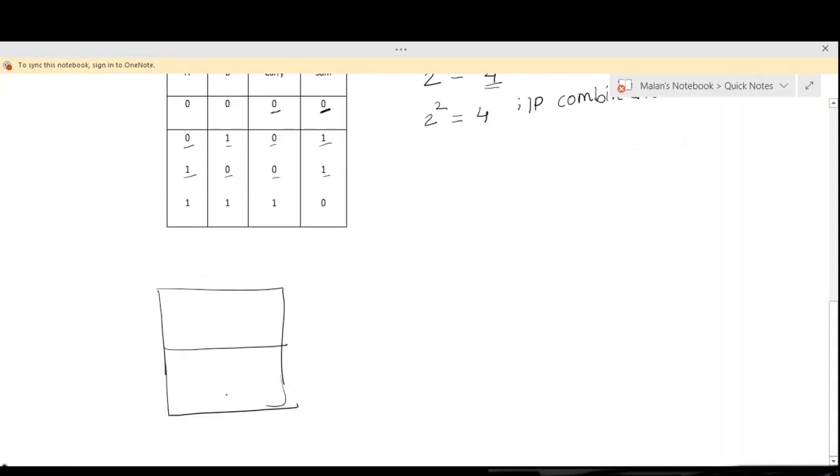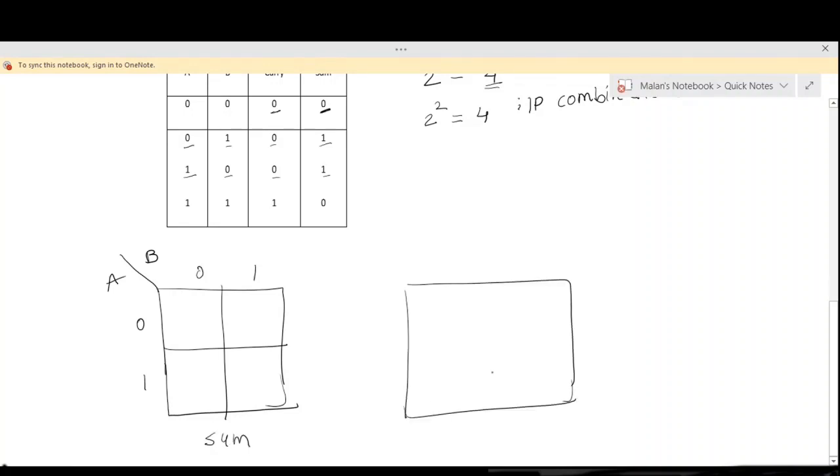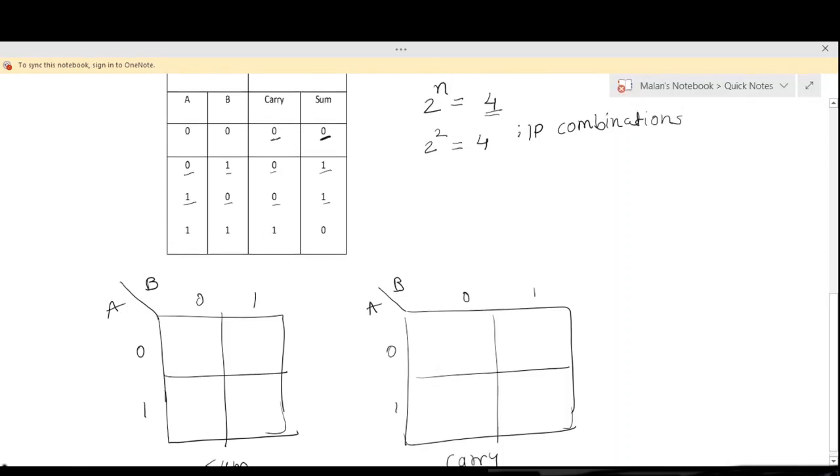This is variable A, this is variable B input. The values are 0 and 1. This K-map is for the sum. The second K-map I can draw for the carry, with input A, input B, 0, 1, 0, 1. This is the K-map for the carry. Now plot the values of the half adder onto the K-map.